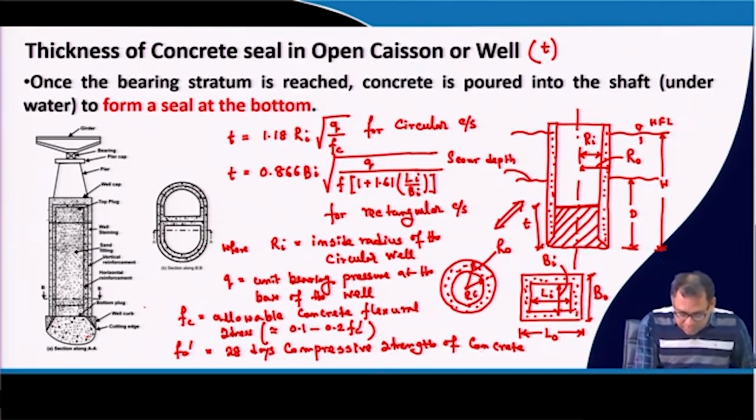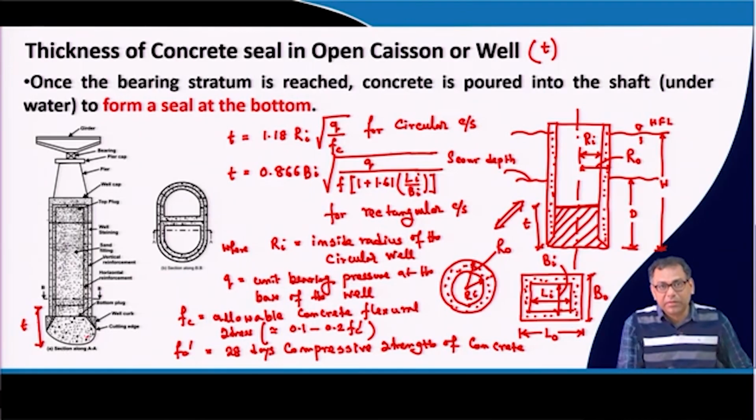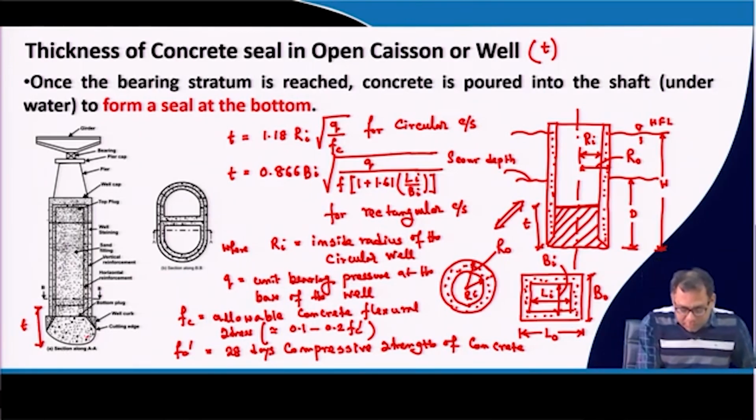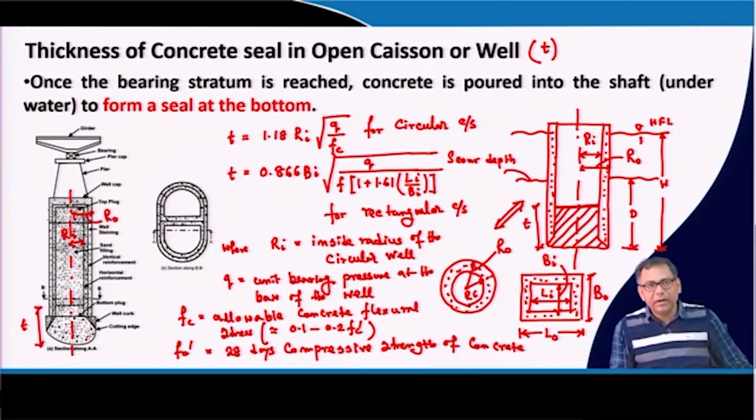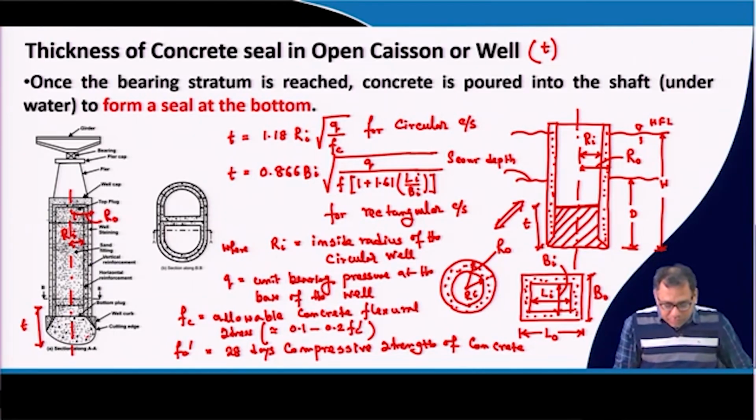Here I should write the thickness again. So this will be the thickness of the well for this particular figure. And here we also have the internal and external radius, r_i and r_o.